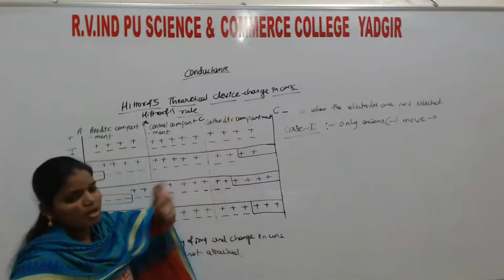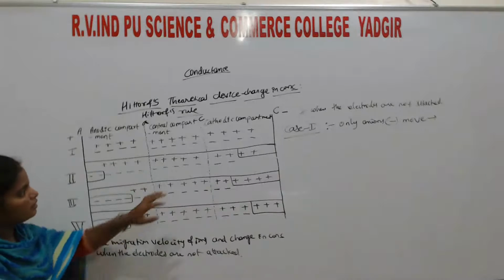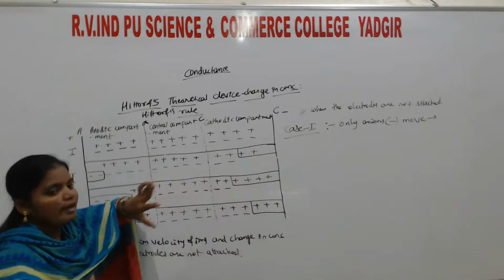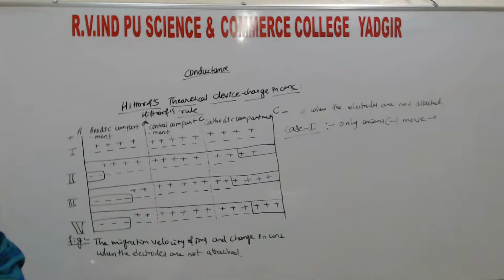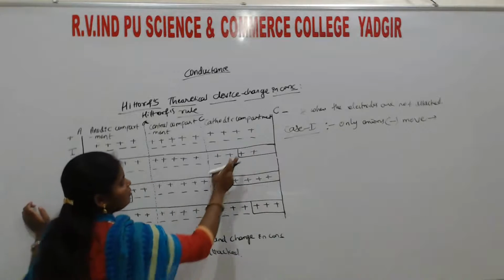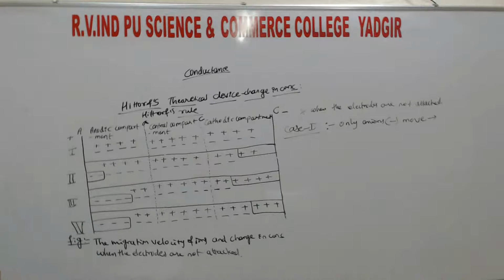Two anions leave the cathodic compartment and enter the anodic compartment, so in case first, the anodic compartment gets to position 2. This is the second position.